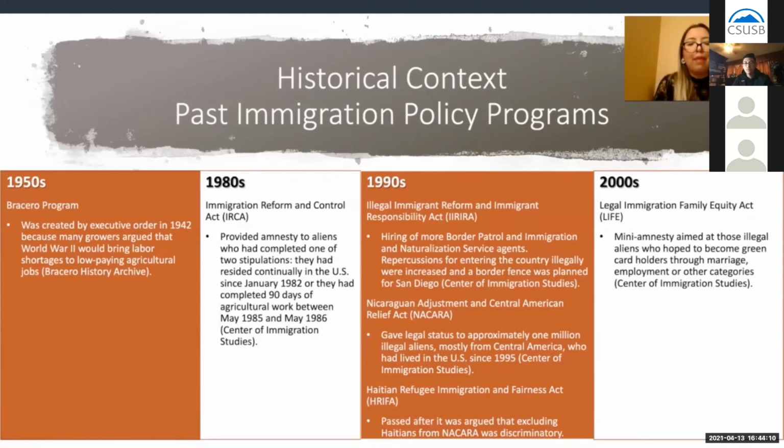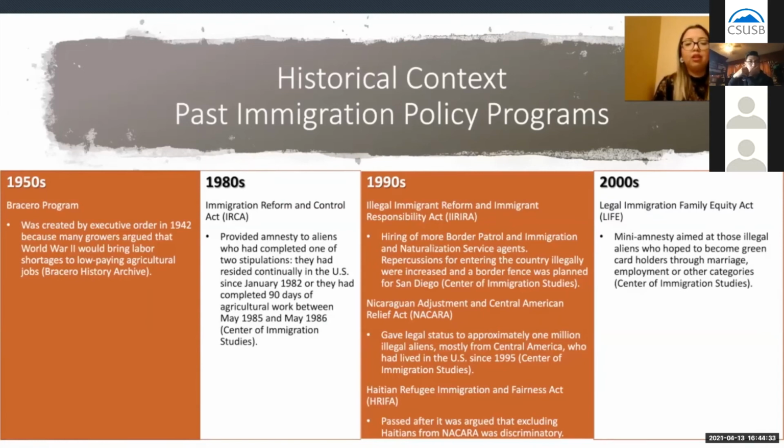And then in the 1990s, there's a couple here, which is the Illegal Immigration Reform and Immigrant Responsibility Act. Basically, they see more people coming into the U.S., more immigration, so now they have to hire more border patrol, build a wall, and so on.